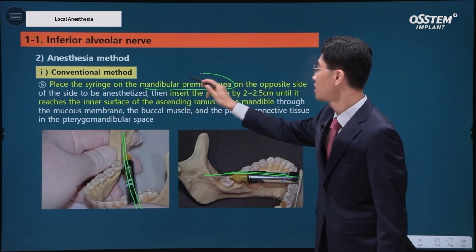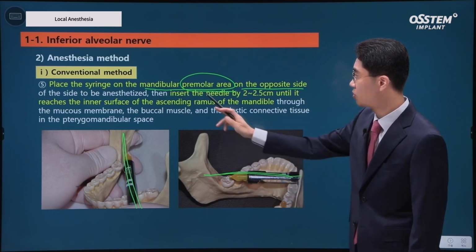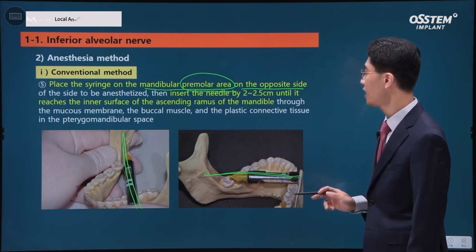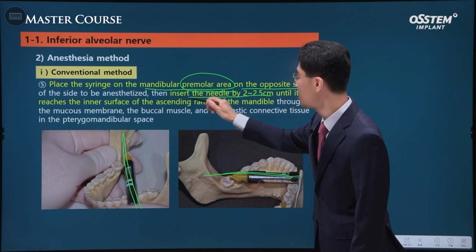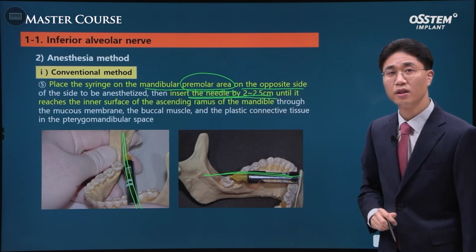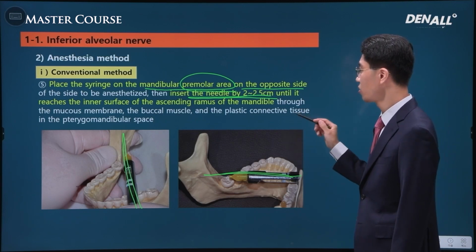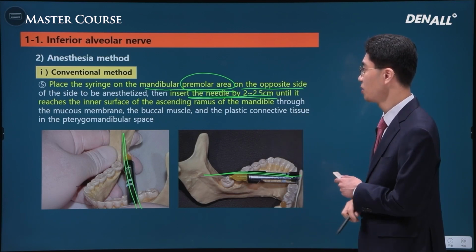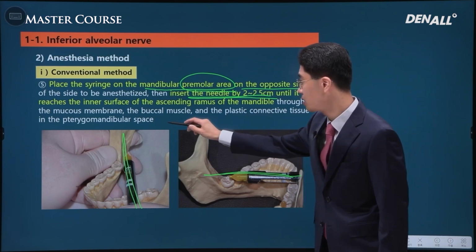So we approach it in a diagonal direction. This is not an absolute figure, but in general, the needle goes in by 2 to 2.5 centimeters. The pterygomandibular space is where the injection is going to be made.